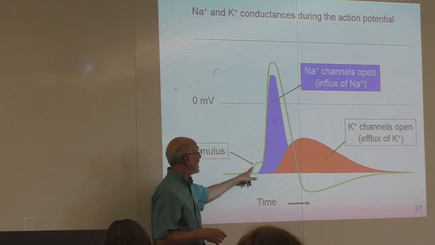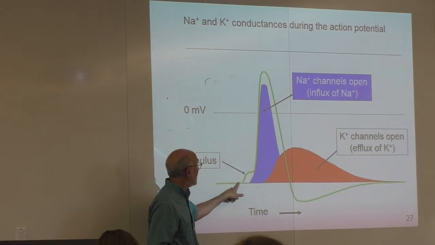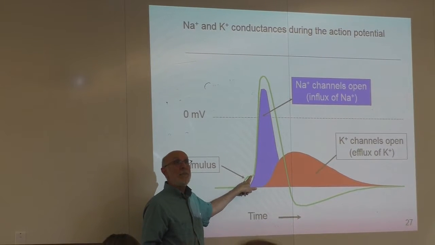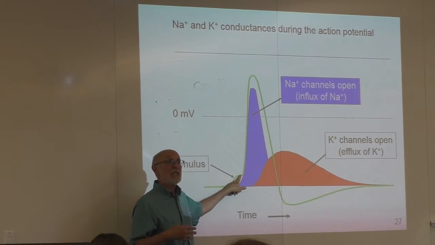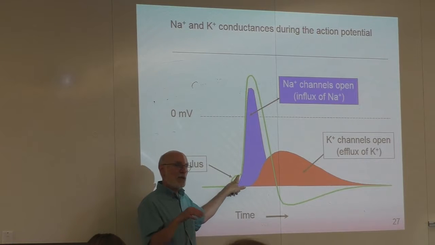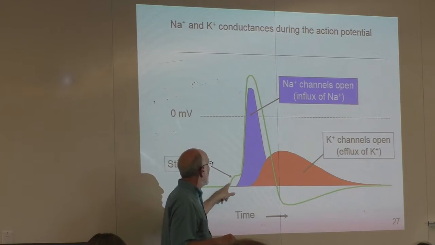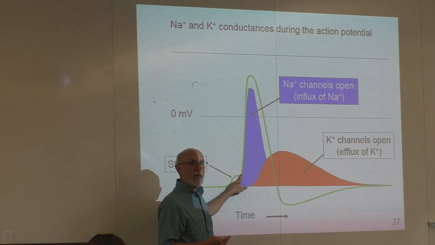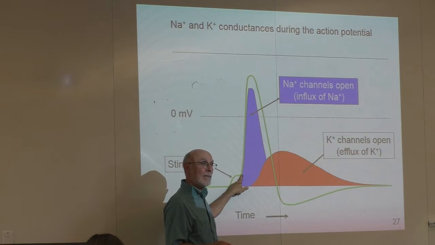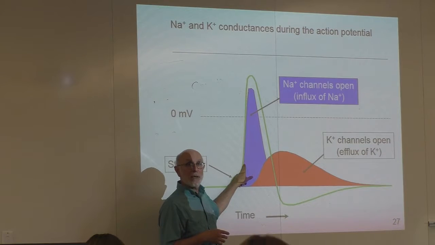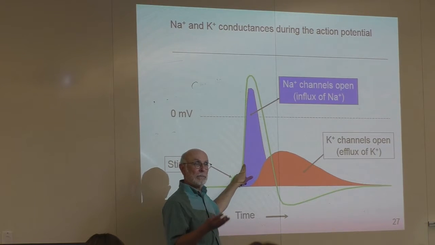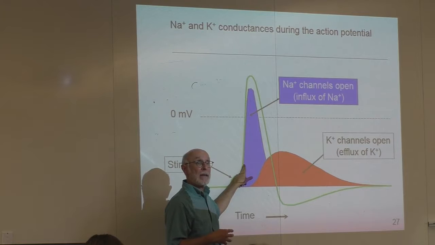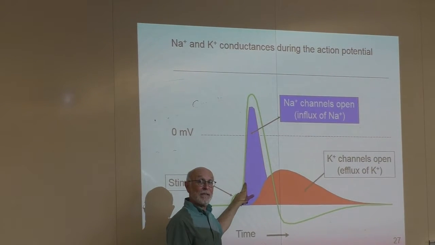So the idea is that a stimulus, the stimulus being a small depolarization that reaches threshold, using all the words that you should be thinking about. If this reaches threshold, it opens voltage-gated sodium channels. Sodium flows in. The influx of sodium causes a further depolarization because the influx of a cation makes the inside less negative.